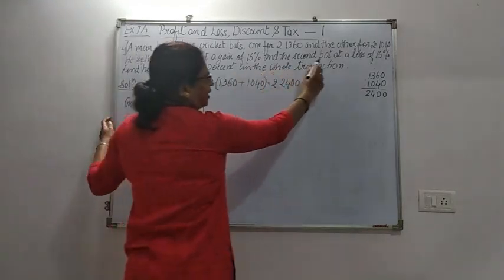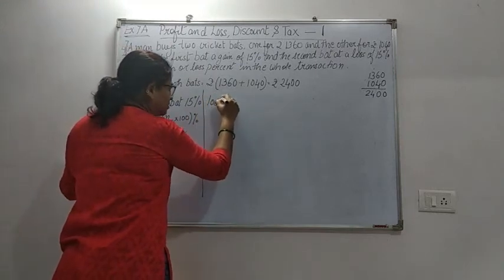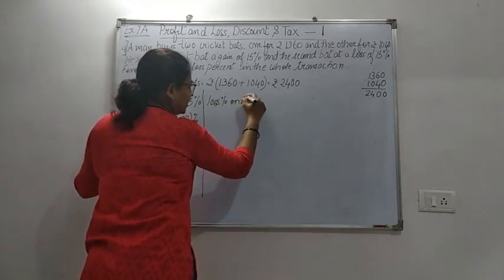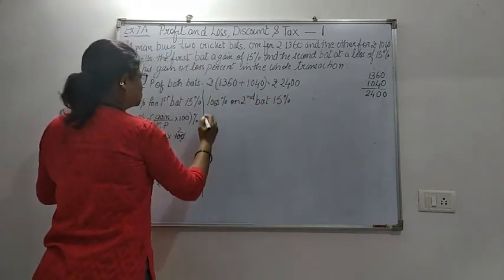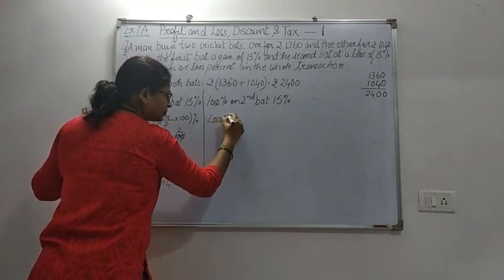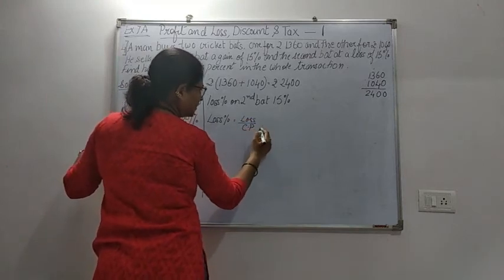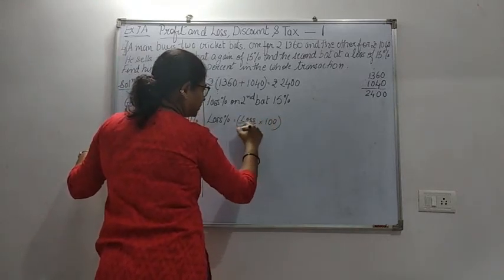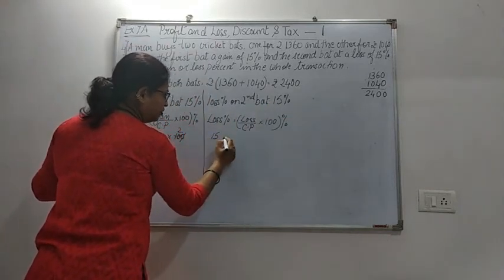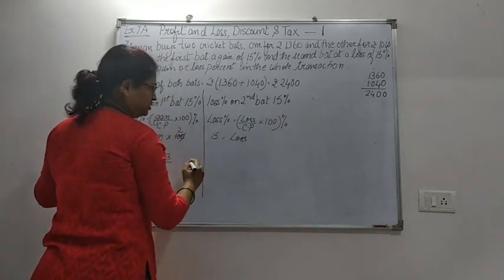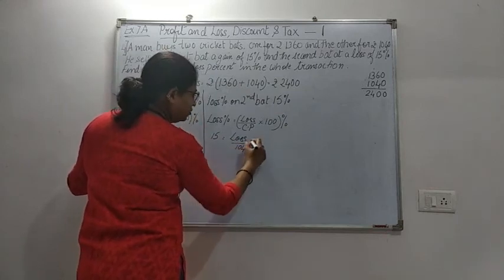Now on the second bat, there is a loss of 15%, right? So loss percent on second bat is 15%. So loss percent is equal to loss upon cost price into 100%. So now here my loss percent is 15%. I write 15. Loss we are going to find out how much it is. Cost price of the second bat is 1040 into 100.